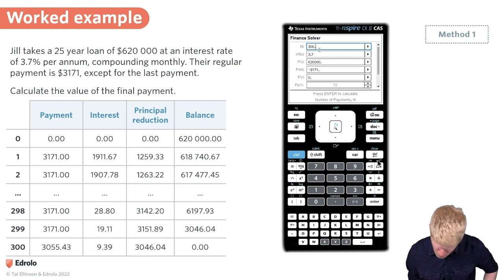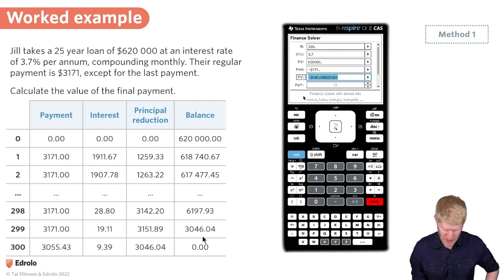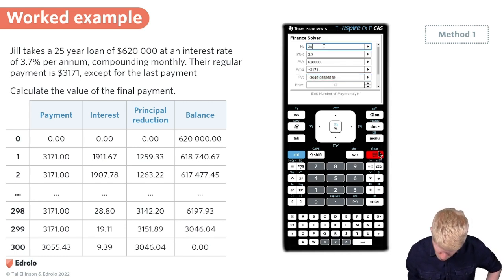But let's say we were back in the 3171 land. Let's have a look. What would we owe before our final payment? Right, $299. Our balance prior to the final payment is $3,046. And you can see that in the amortization table over here. What if I did all 300 payments at $3,171? Then when I press enter here, notice that I've gone over, right?